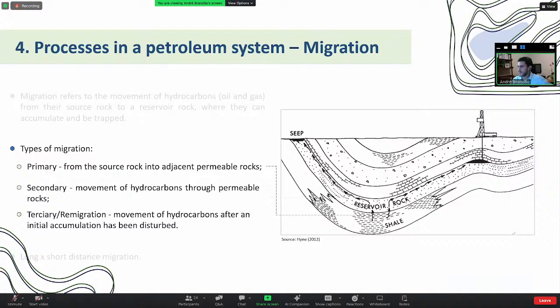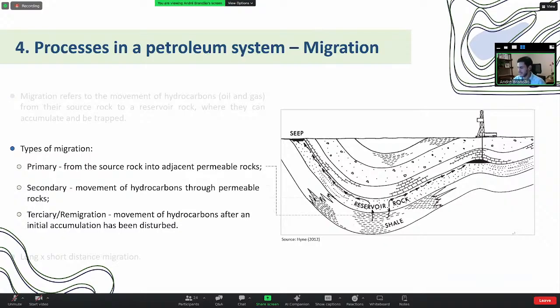And the secondary migration is basically the movement of hydrocarbons through this permeable rock until it finds a trap and gets accumulated, or it finds the surface. If in some way this trap is perturbed or opened again, this oil will flow to a different reservoir, and we call that tertiary migration or remigration.